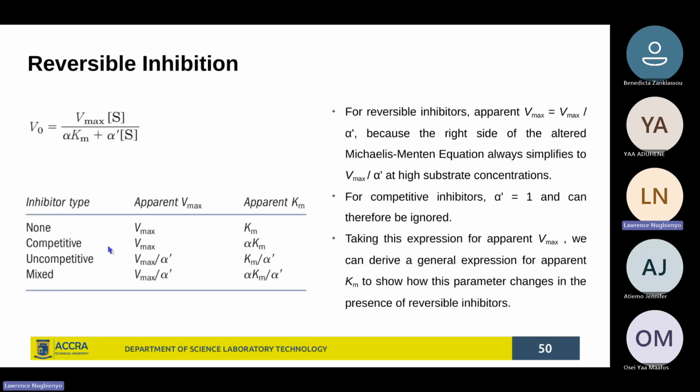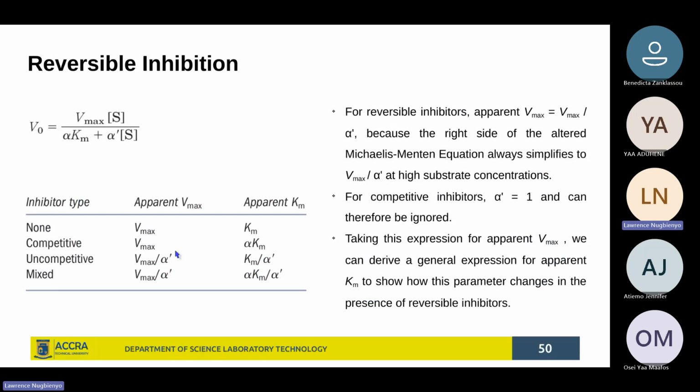Then the first form of inhibition we saw was competitive. And we said the maximum rate of the reaction is not affected because both the substrate and the inhibitor are competing for the same active site. And so if you increase the concentration of the substrate, you can still reach the maximum rate of the reaction, except that the concentration of the substrate that you need will be affected.